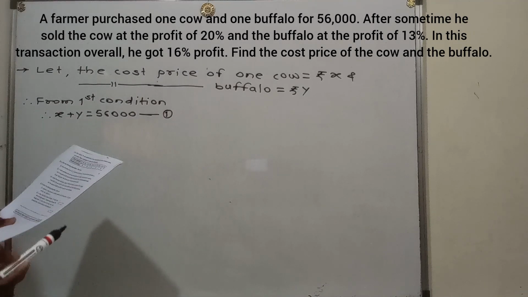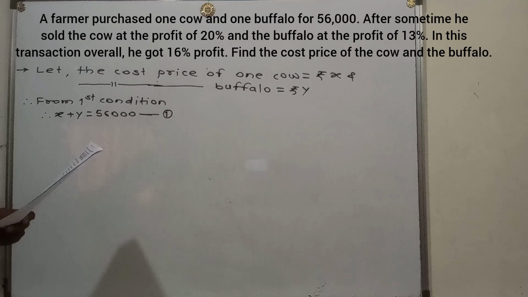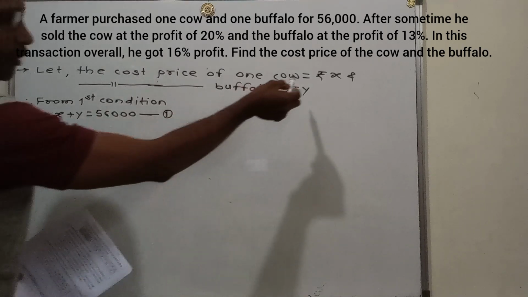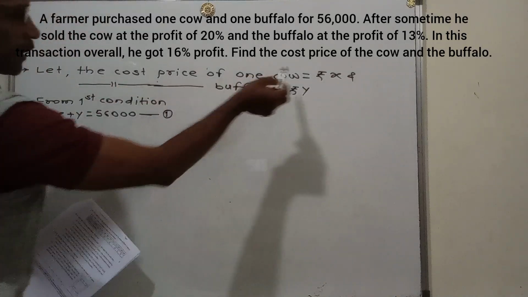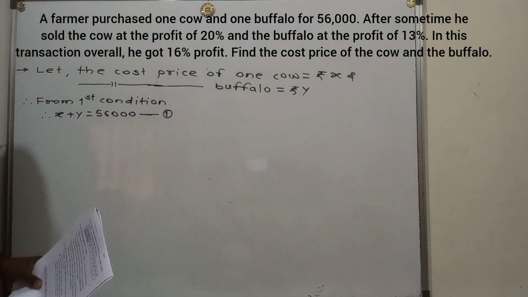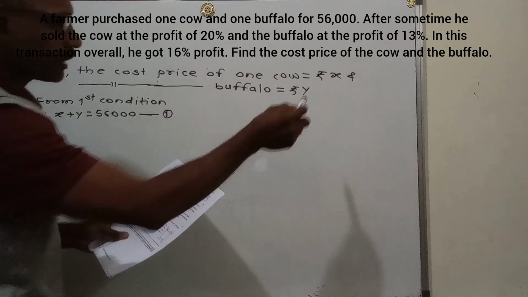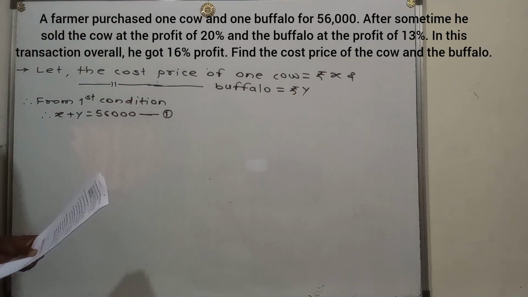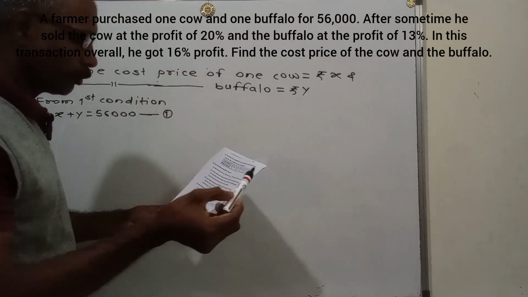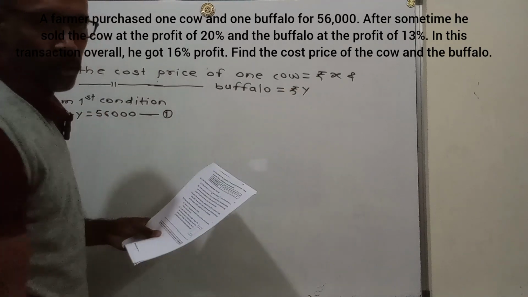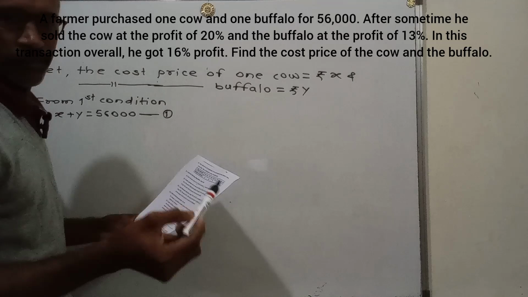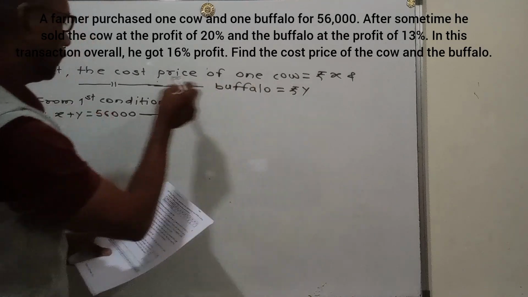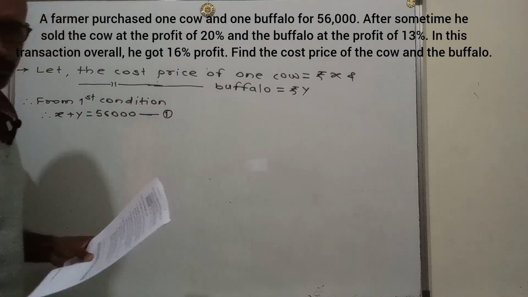Now, see this. After some time, he sold the cow at the profit of 20%. What is the cost price? Rupees X. Now 20% profit on this rupees X, and for the buffalo 13% profit on the cost price of the buffalo.